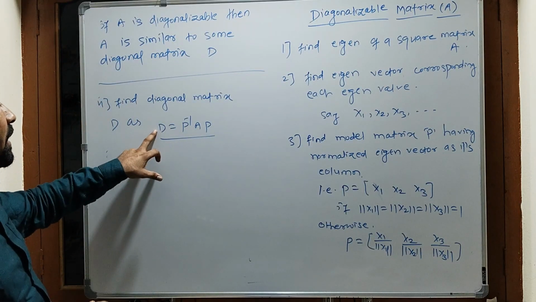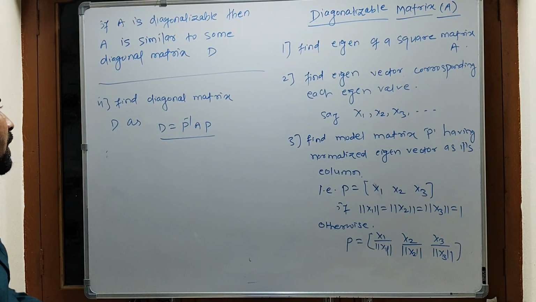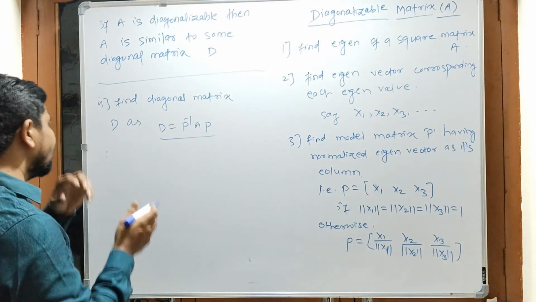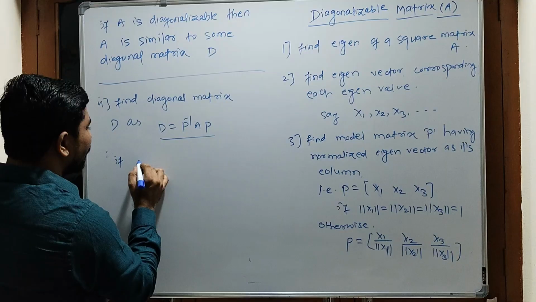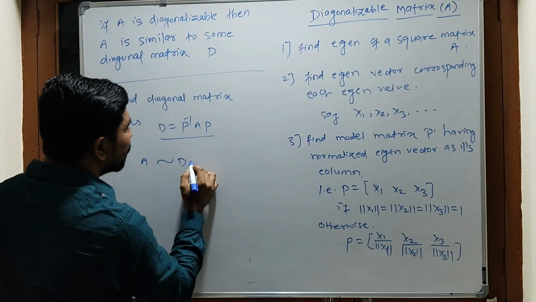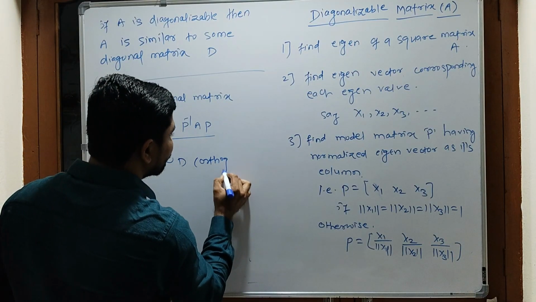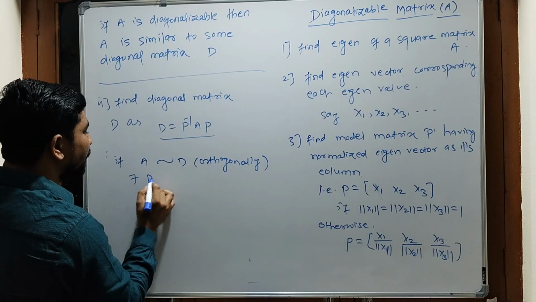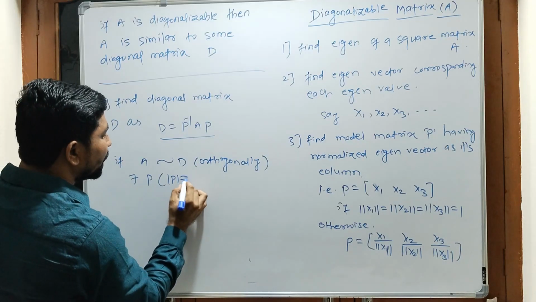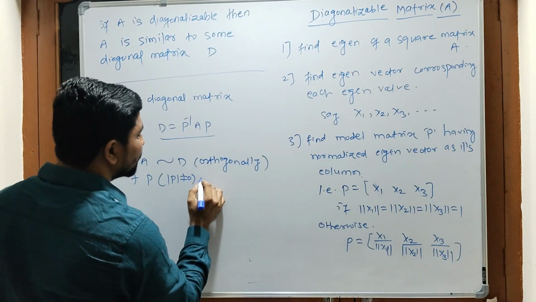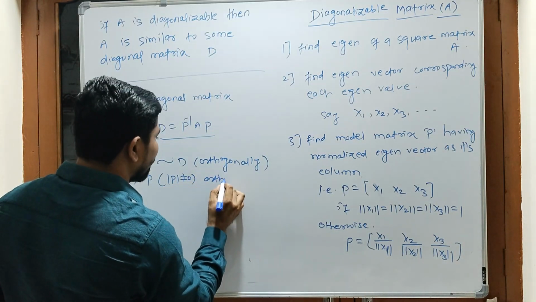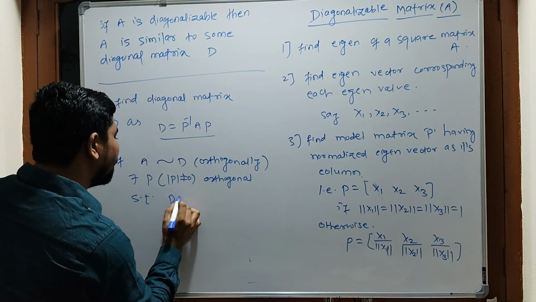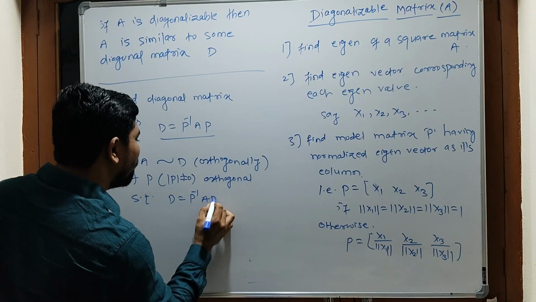If A and D are orthogonally similar, there exists a P with non-zero determinant, that is non-singular P, such that P is orthogonal and D can be written as P inverse AP.